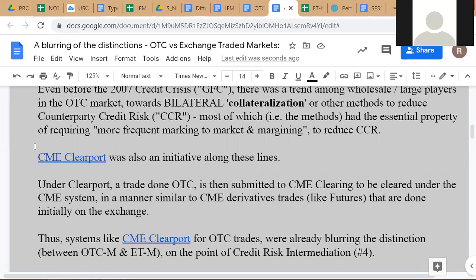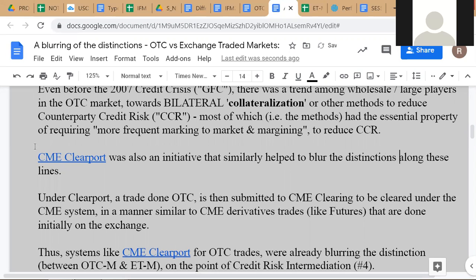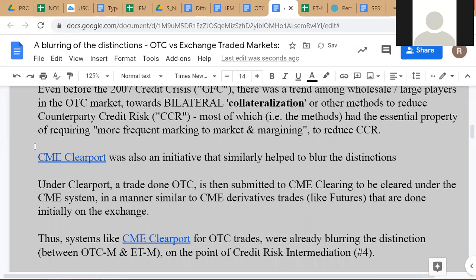So CME Clearport is also an initiative that similarly helped to blur the distinction. That's a better way of putting it, because CME Clearport actually came from a different kind of idea.